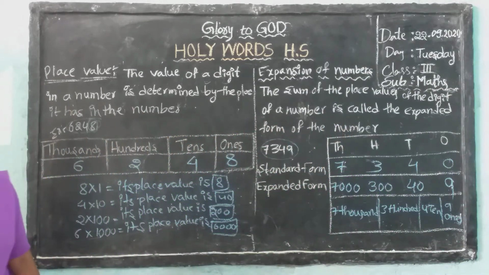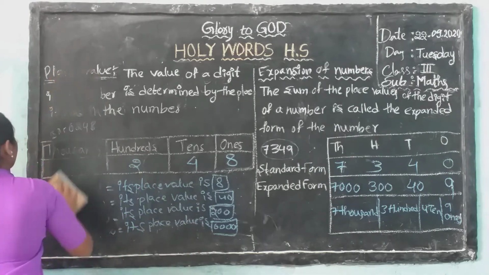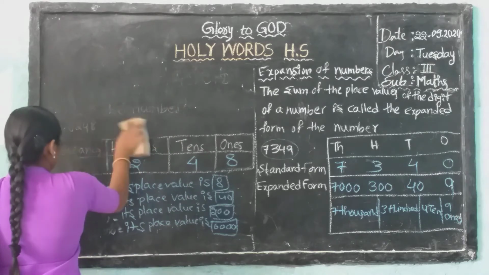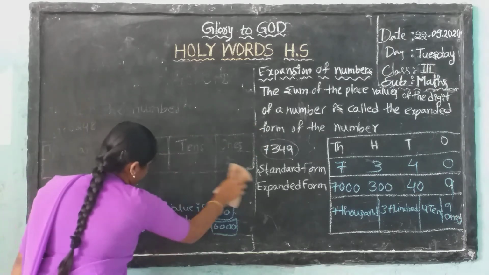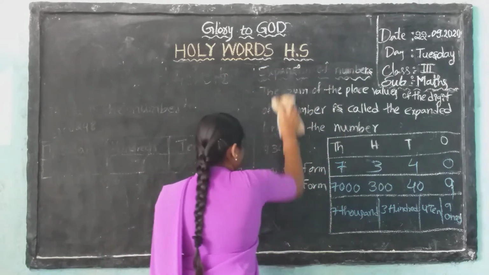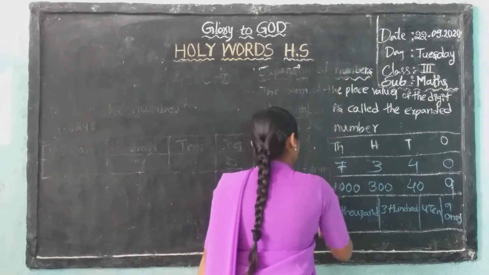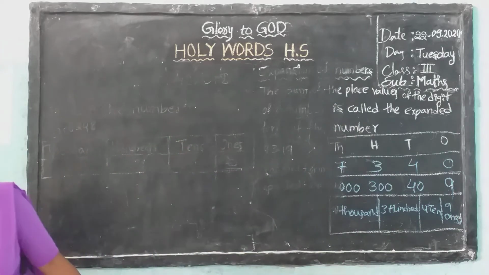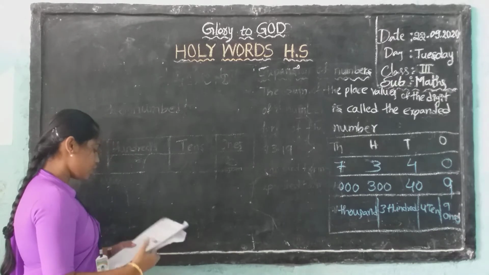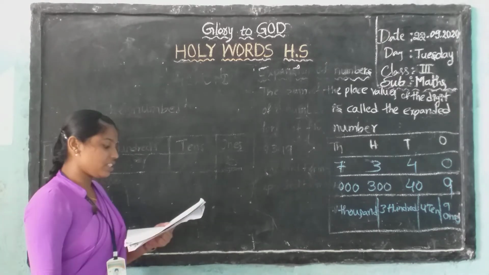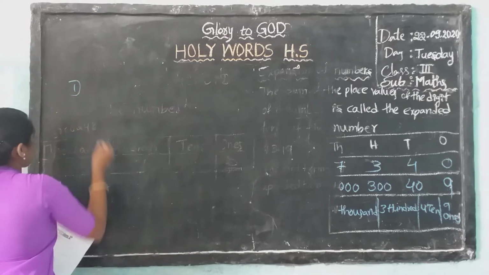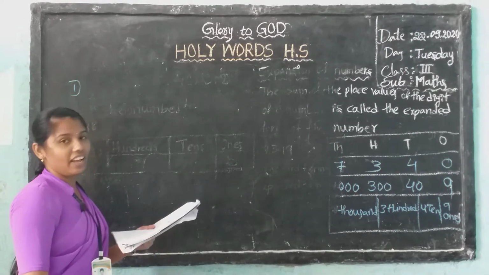Next, question time. Page number 61. First bit: write the place value of the encircled digit. The first one has been done for you already.